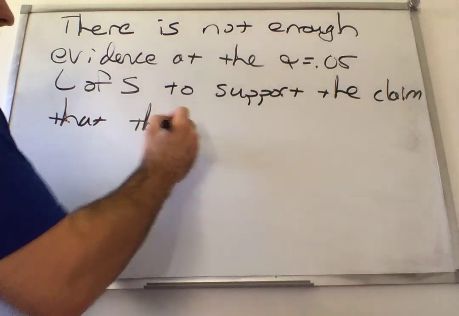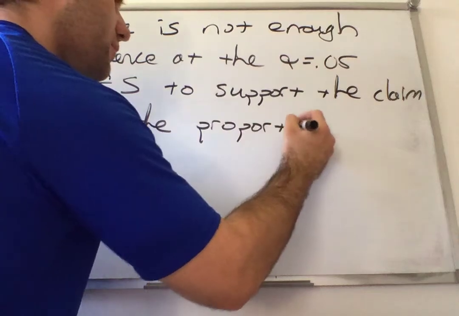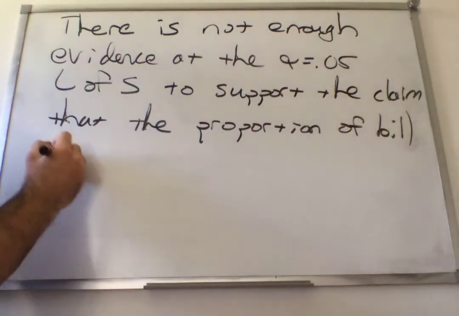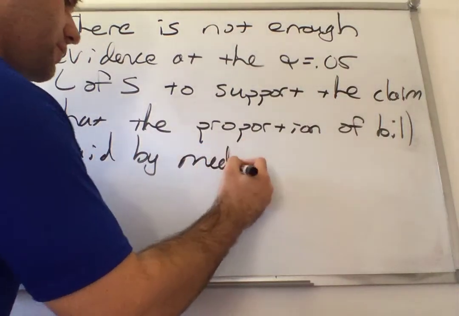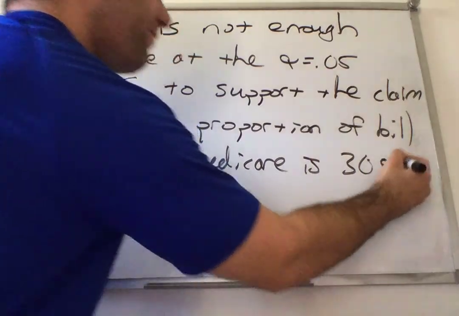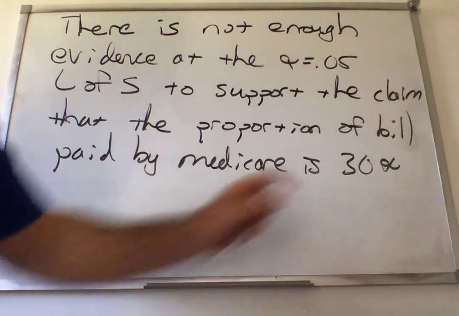that the proportion of bills paid by Medicare is 30%. Okay? So our claim was that it is 30%.